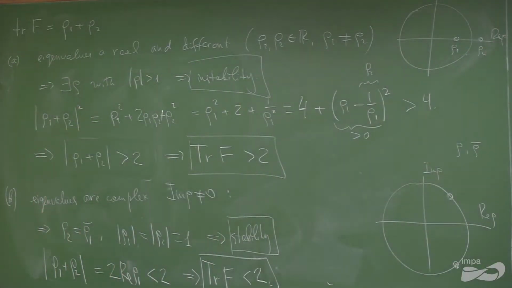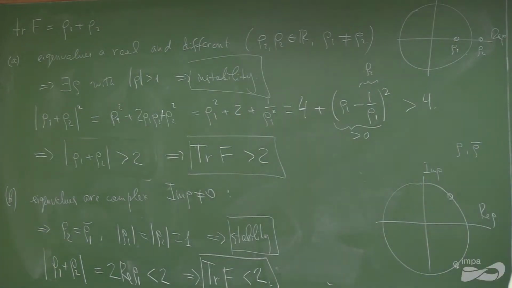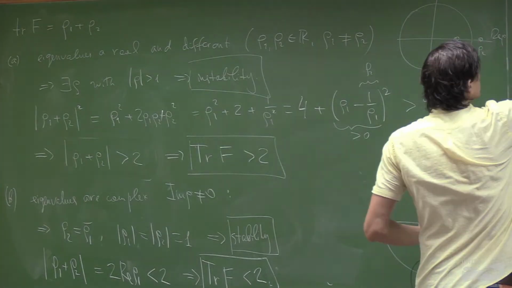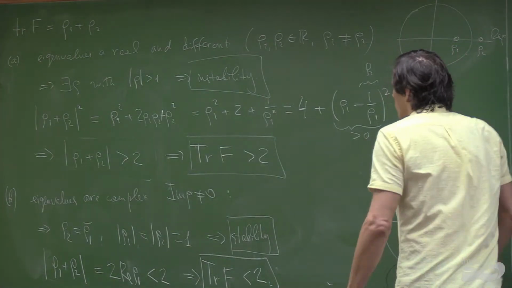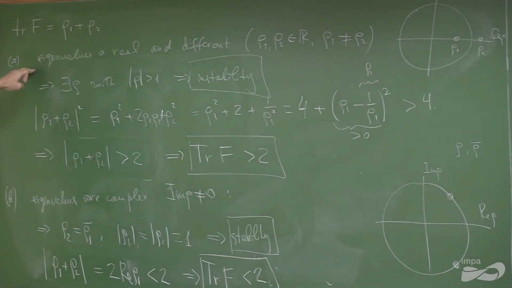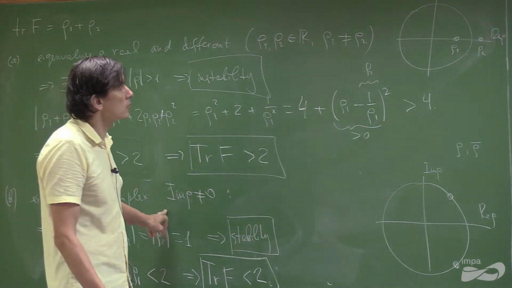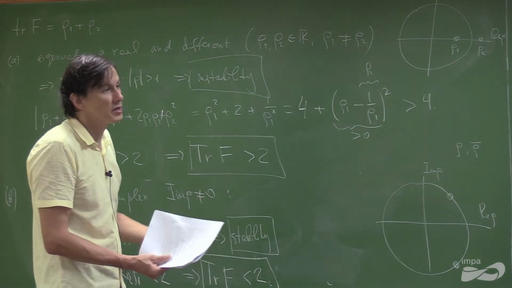And then finally, there is a case C. Well, you see case A, there's a real distinct case, and case B, they were complex, and in that case, they're also different. So the only case which is left is where they're equal.